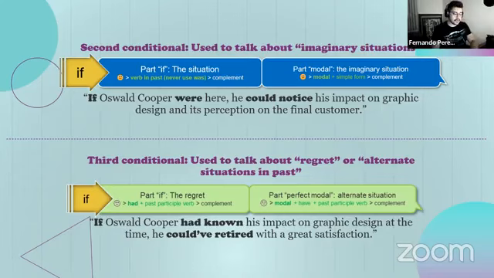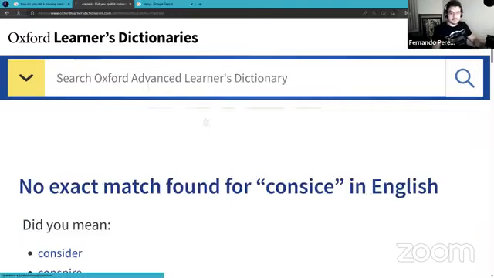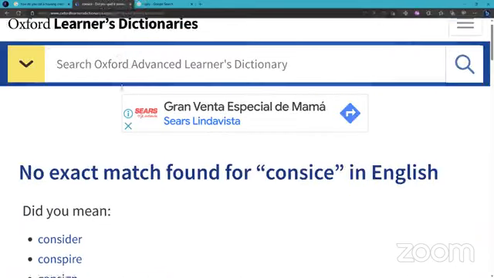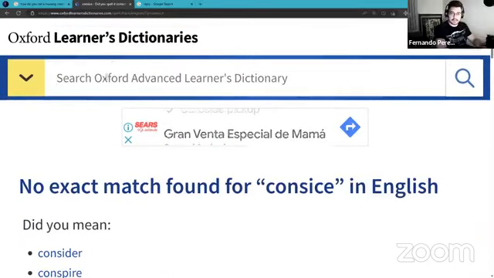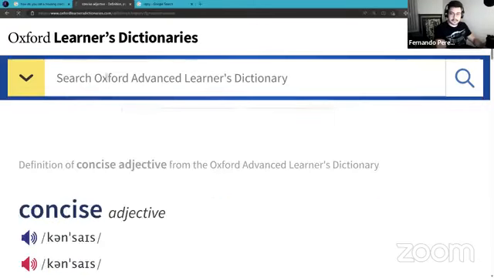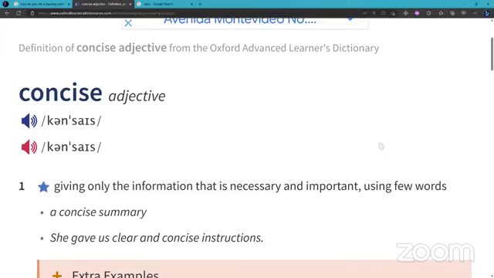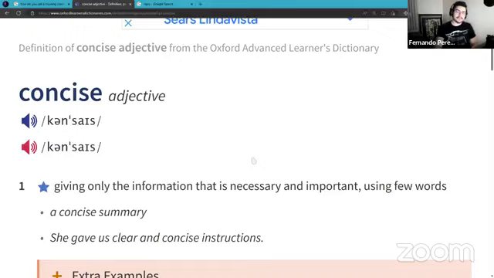Oh, you can use the word concise. How do you spell that? Concise: giving only the information that is necessary and important. Concise. Try to say it again with fluency.